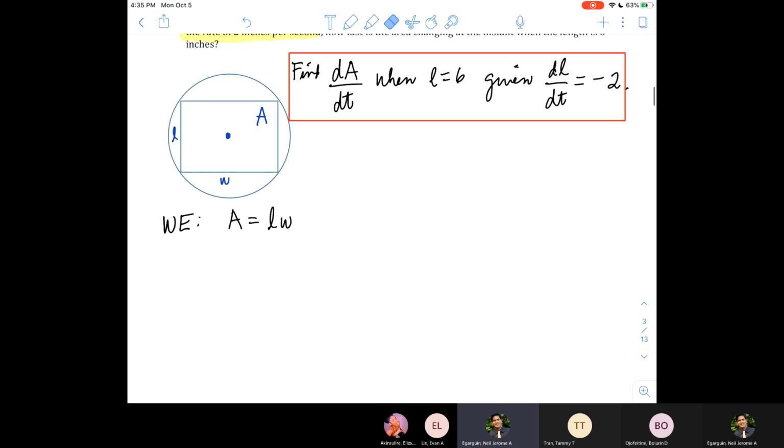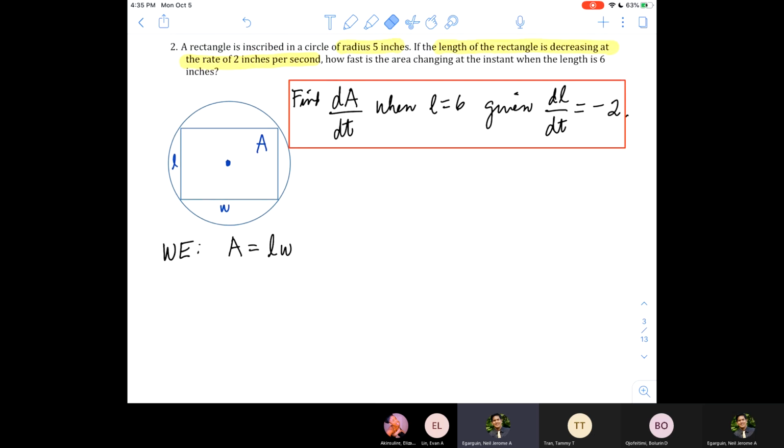And we go back to the picture or to the problem and go back to one piece of information that we have set aside from earlier. Remember, we also know that the circle has radius 5. And if that is so, then from the center of the circle, and consequently the center of the rectangle as well, up to a vertex of the rectangle, that should measure 5 units, right?